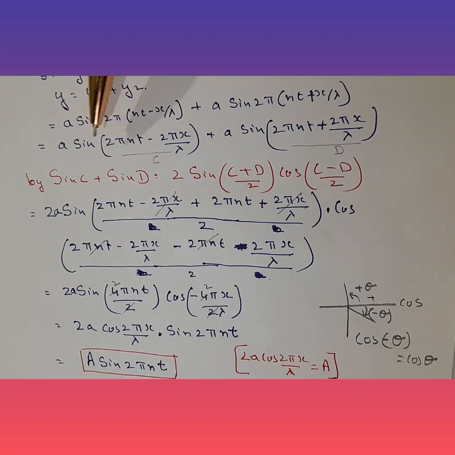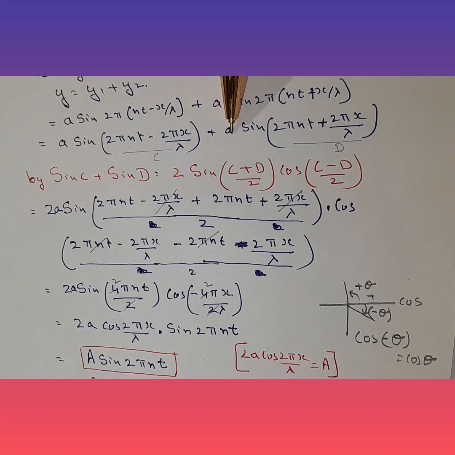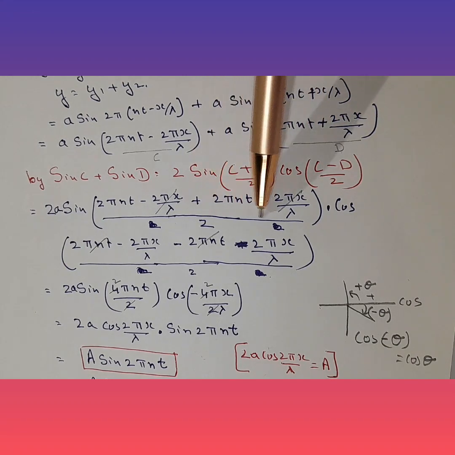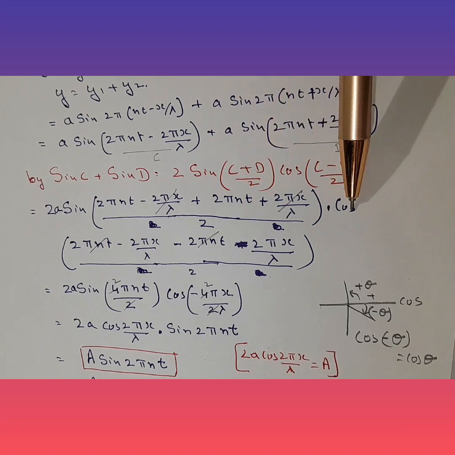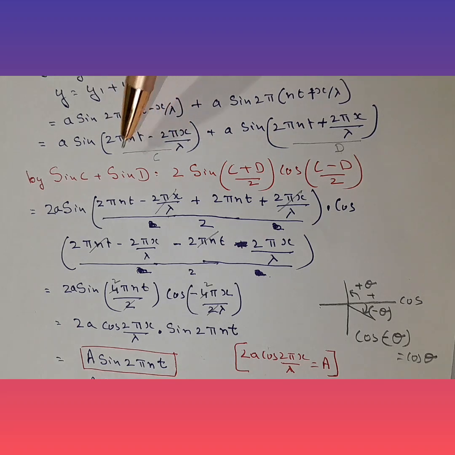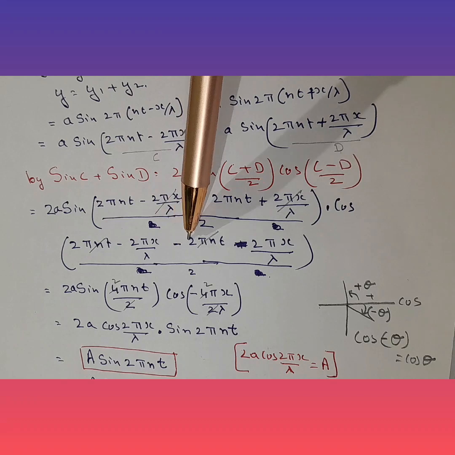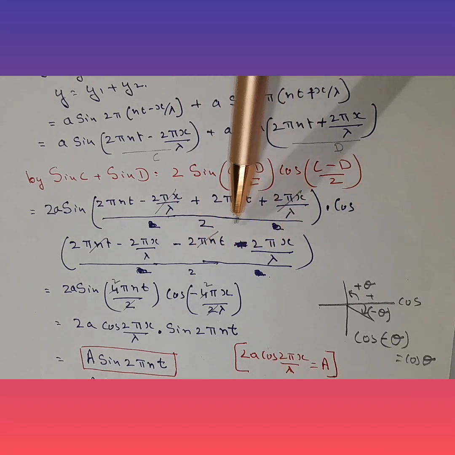What remains is sin C plus sin D. So the formula says 2a, common taken out from both, then sin of (C plus D) divided by 2, then cos of (C minus D) divided by 2.